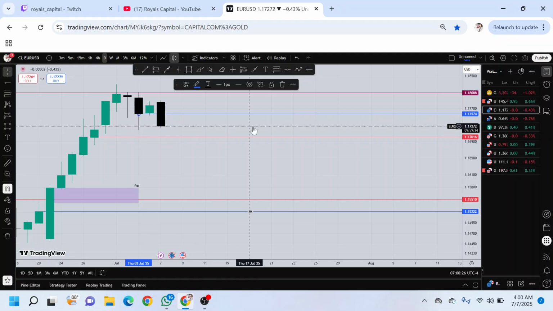We have this level here. This is more like an order block, or I call it a breaker. I'm not sure. This is more like a bearish order block. I'll mark this as daily. I'm not seeing any other levels. Then maybe this.